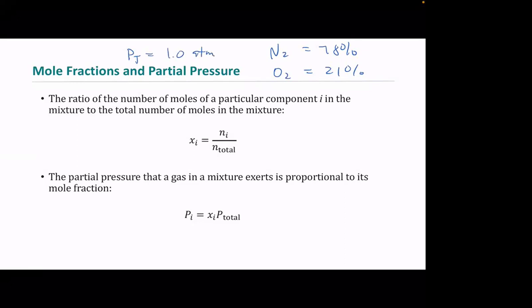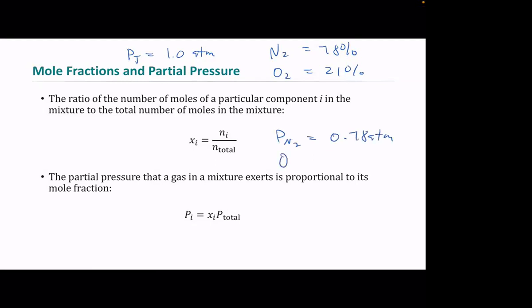All Dalton's law of partial pressure is telling us is that N2 represents 0.78 of that total, in decimal form. So the pressure of nitrogen in the atmosphere will be 0.78 atmospheres.